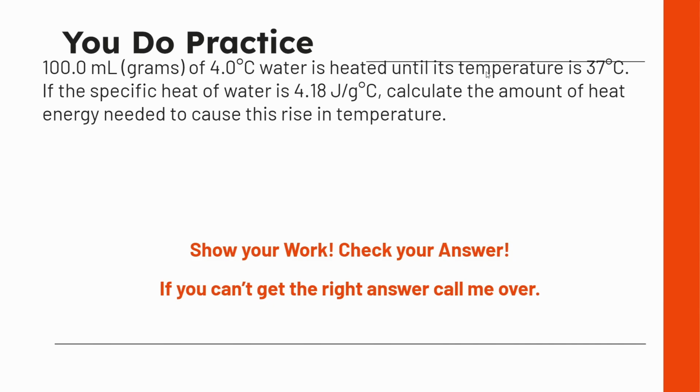It is heated to a temperature of 37 degrees Celsius. So you need to find the change in temperature there. It should be a positive change, so it should be a positive number. If the specific heat of water is 4.18, calculate the amount of heat energy needed to cause the rise in temperature. So you're calculating for Q. So go ahead and pause the video and see if you can solve for the answer.